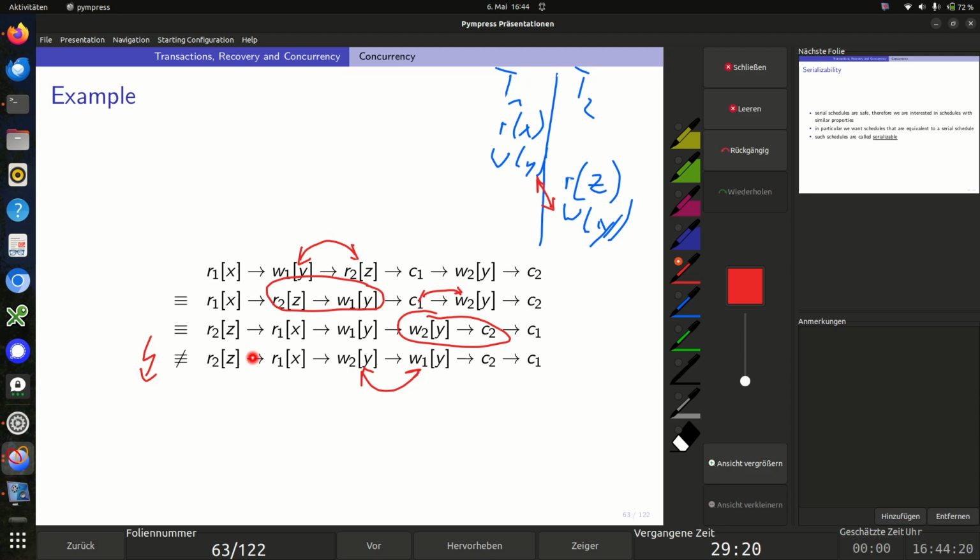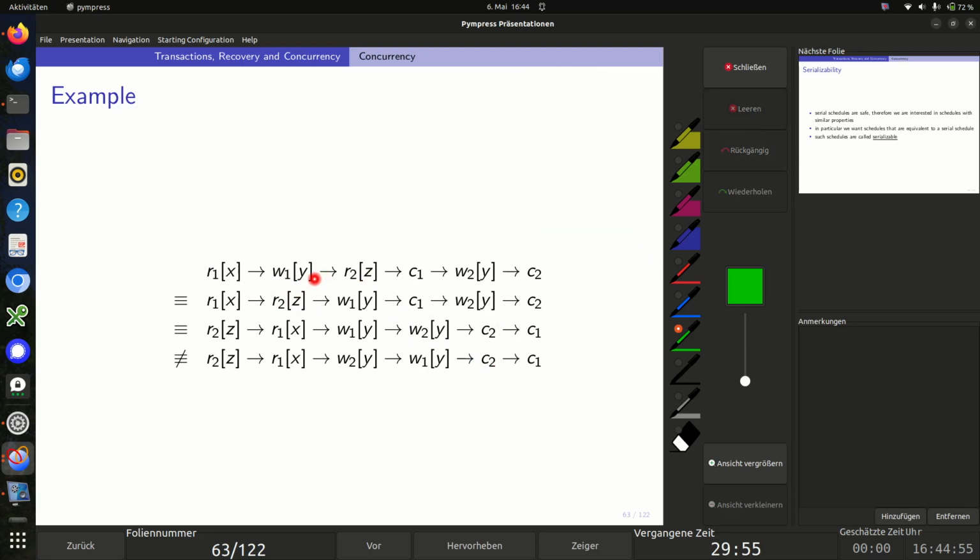I talked about the idea of a serial transaction order, and if you can change a schedule until you have a serial order, it's called serializability. So can we change it to a serial order? Let's say we want to move the commit.